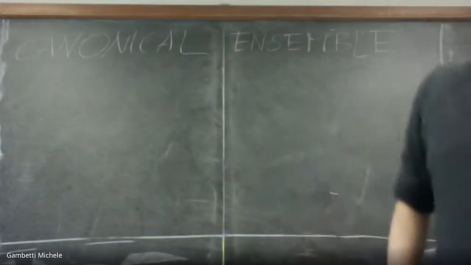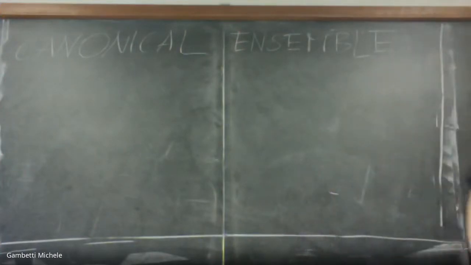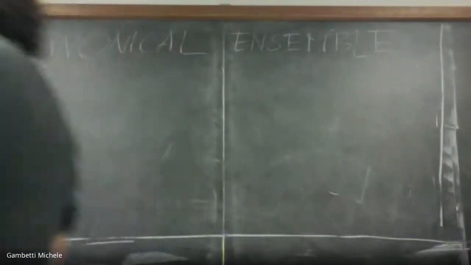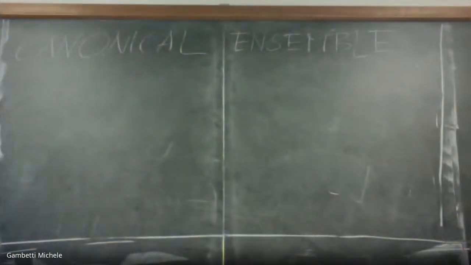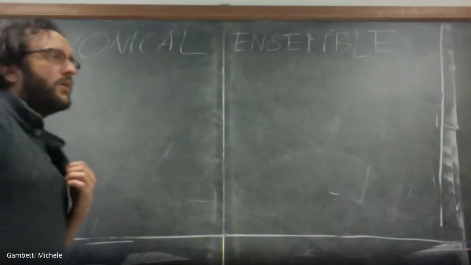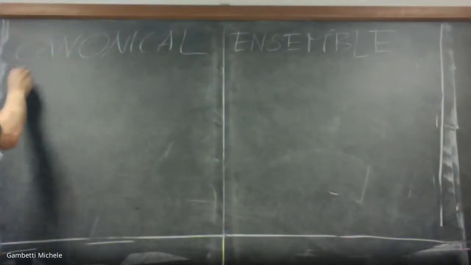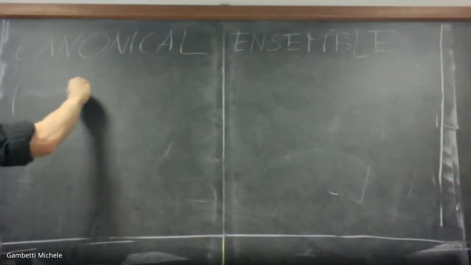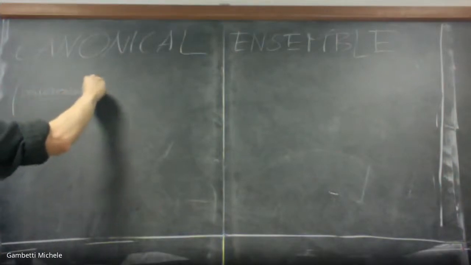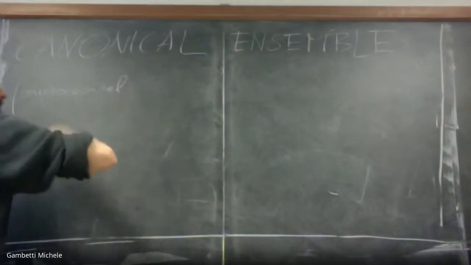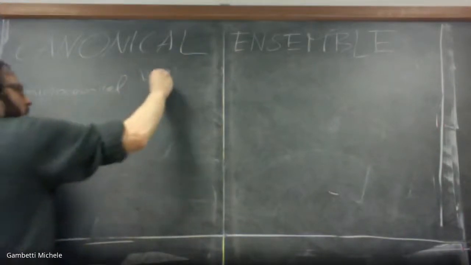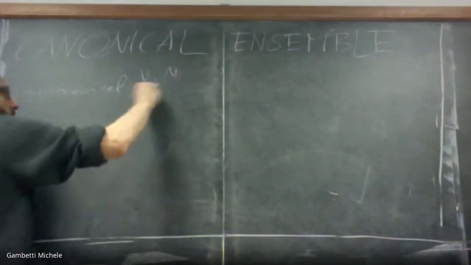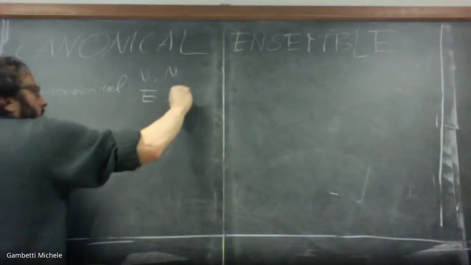Okay, so the idea is basically to remove the constraints that we need to fulfill in the microcanonical ensemble. Just to remind you, in the microcanonical ensemble we had V, N, and E fixed.